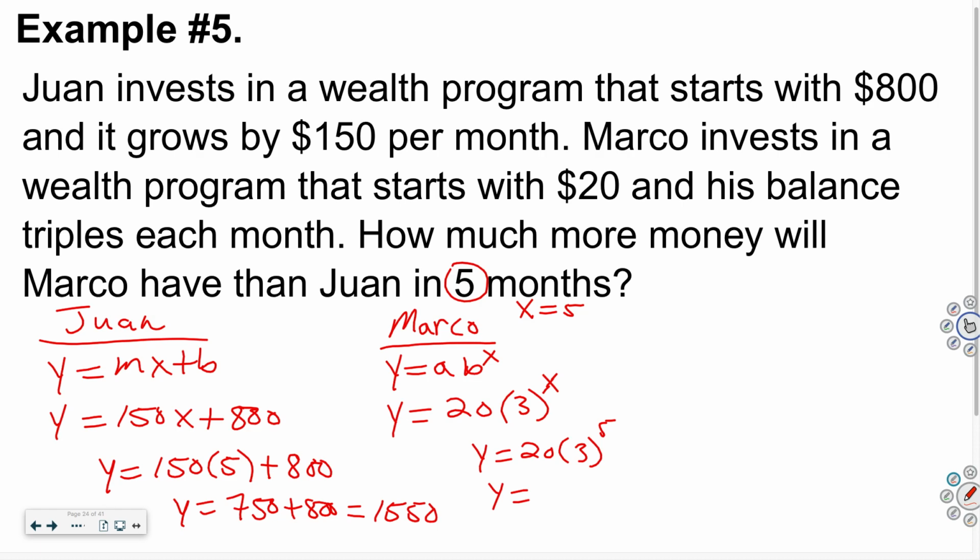What's 20 times 3 to the 5th power? 14,580? You sure? That's a big jump. I got 4860. Okay, so this is 4860.